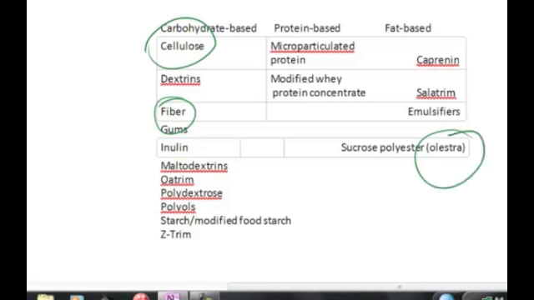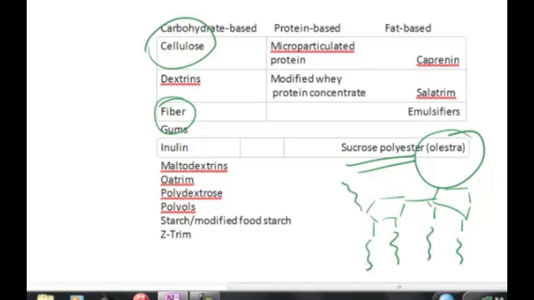Olestra is a fat substitute that came on about 10 years ago. What it is, is a sucrose polyester. So instead of having fatty acids chemically combined with glycerol, fatty acids have been chemically combined with sucrose. And sucrose is like table sugar. And so you have this big sucrose molecule, which we'll look at later. It's kind of like this. And then instead of having hydroxyl groups, you have all these fatty acids stuck to the sugar.